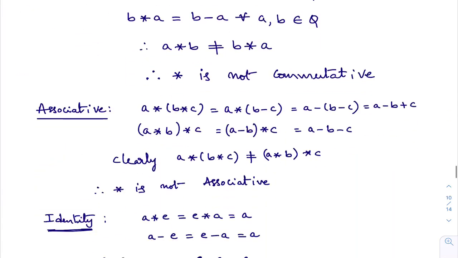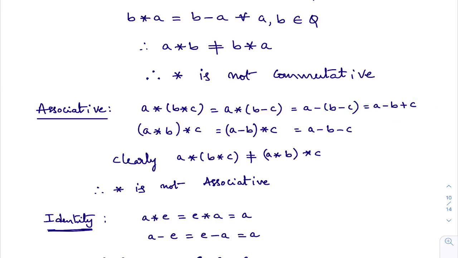Like that, b star c, whatever is inside the brackets, if I simplify, b star c is b minus c. Now the star operation between these two. What is the star operation between these two? First element minus second element, because a star b is defined as a minus b. So the star operation between these two is a minus of (b minus c). Multiply with minus, minus b plus c. A minus b plus c.